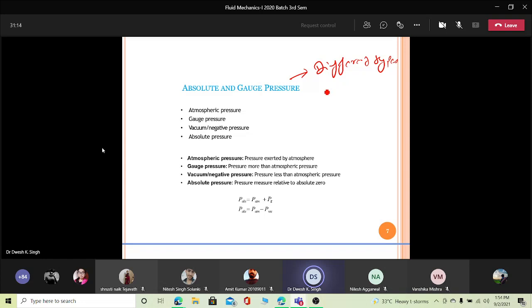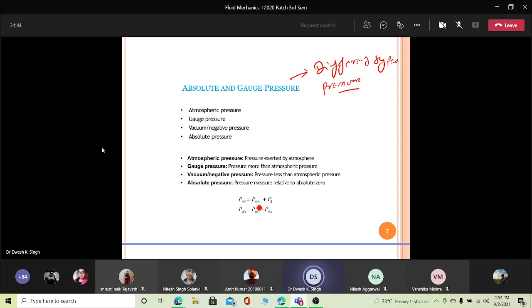These pressures are used during measurement techniques, so you have to be very careful about which pressure you are considering, also in numerical solutions. After this discussion, it will be clear to you what the pressures are.